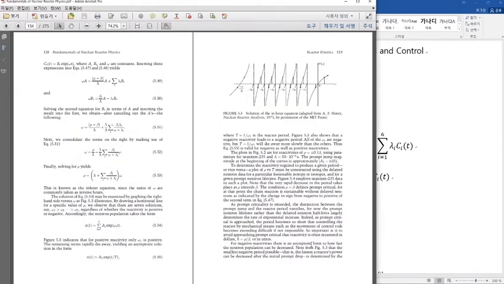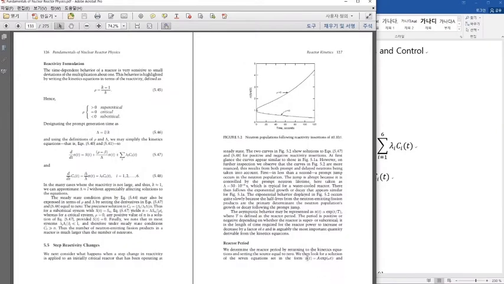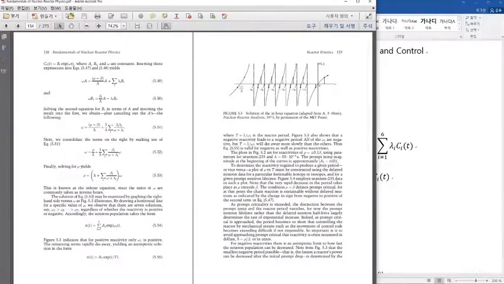So by assuming N(t) has this exponential function with this parameter omega, and also C_i(t) has this exponential function with the same parameter omega, now we are able to solve the simultaneous differential equations.